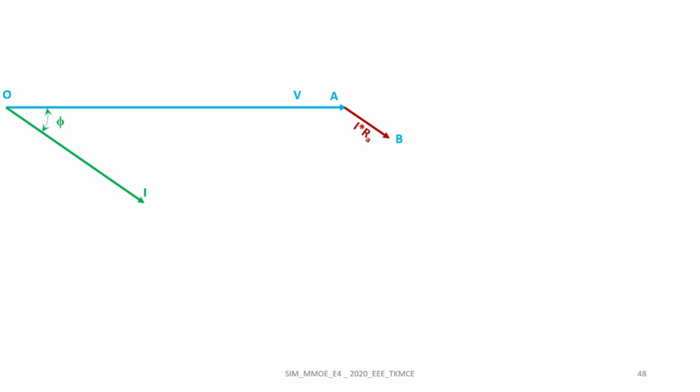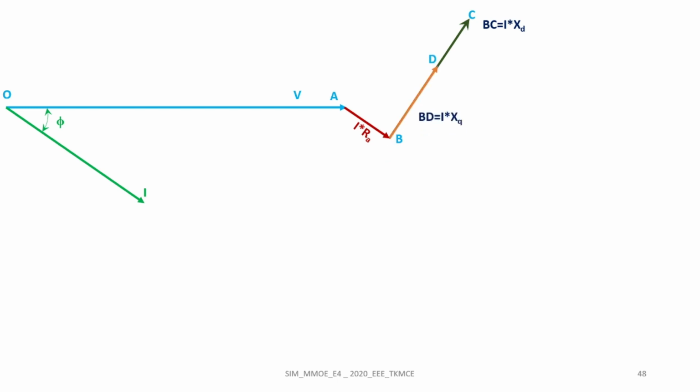Now let's consider the same phasor diagram for deriving the expression for induced EMF E0. Armature current I is lagging the voltage by power factor angle phi, and we consider the I into RA drop, drawn from the tip of the voltage, parallel to the armature current. Then I into XD, which is leading the armature current by 90 degrees. Then we consider the I into XQ drop, which is again leading the armature current by 90 degrees.